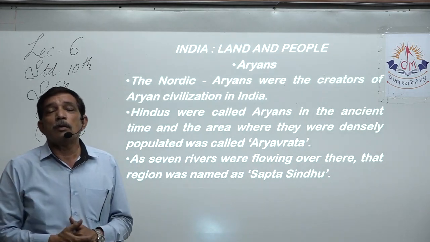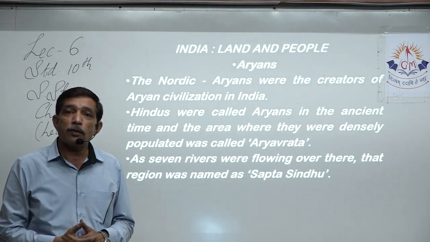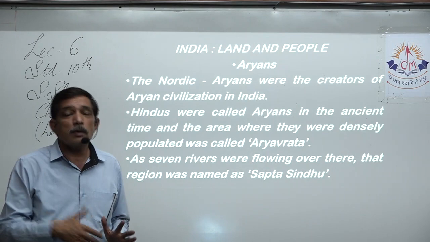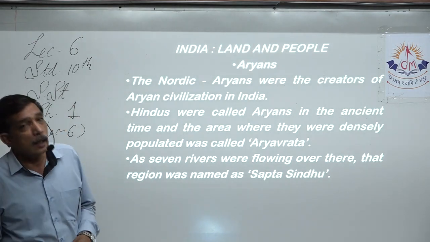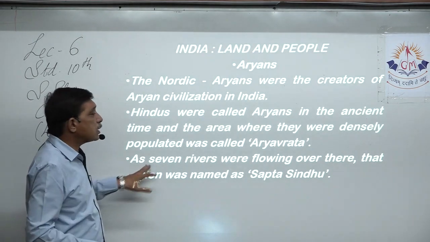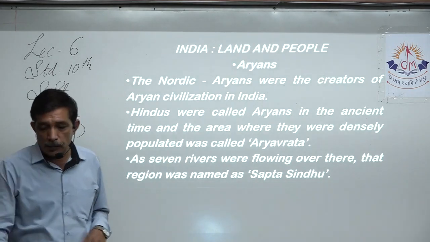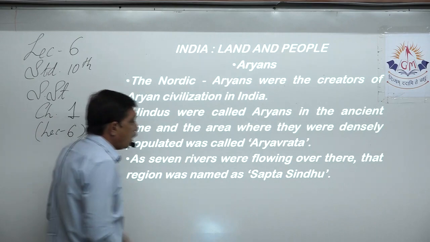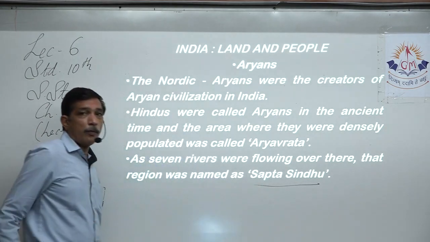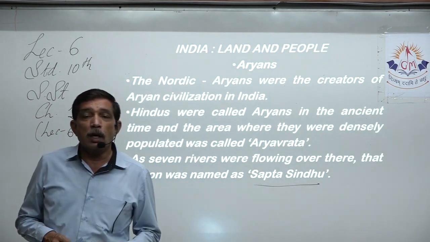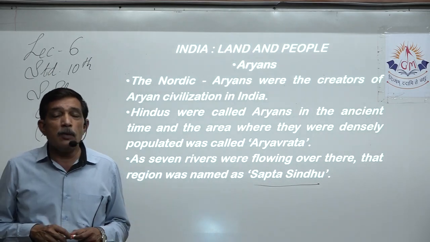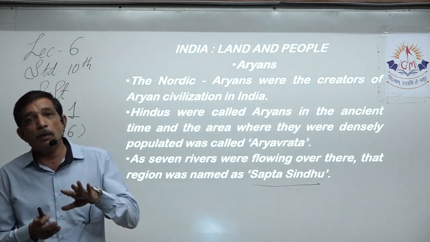The five tributaries of river Indus, the Yamuna and the Ganga, the whole of that area. As seven rivers were flowing over there, that region was known as Sapta Sindhu, which is very, very important.